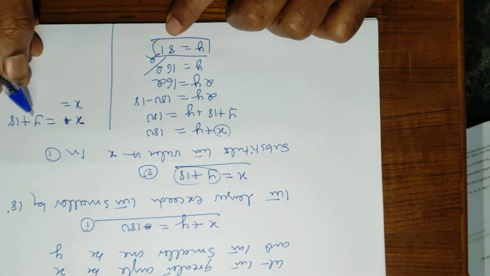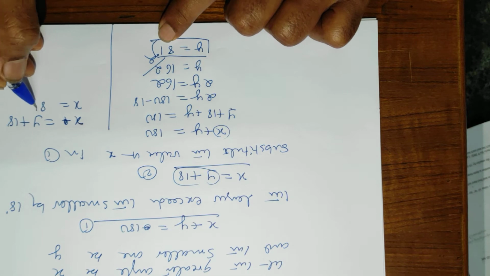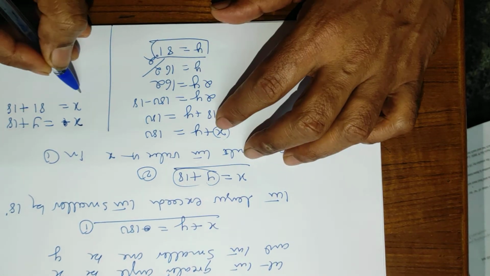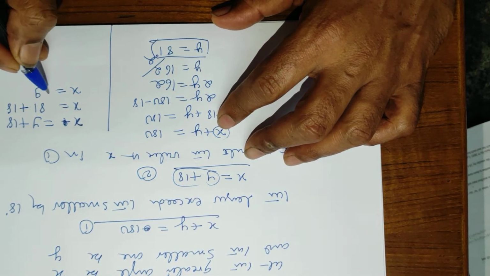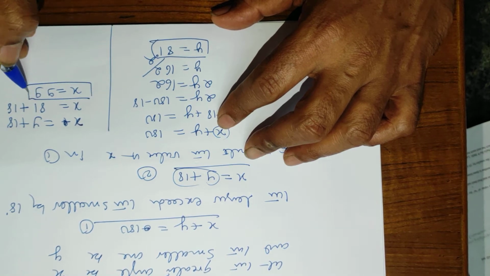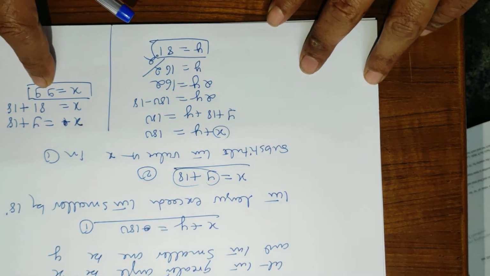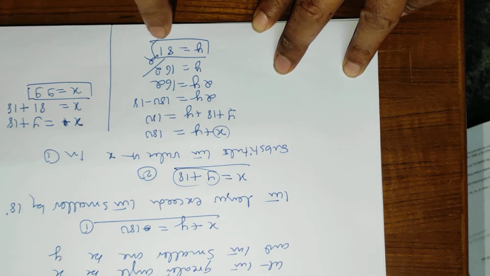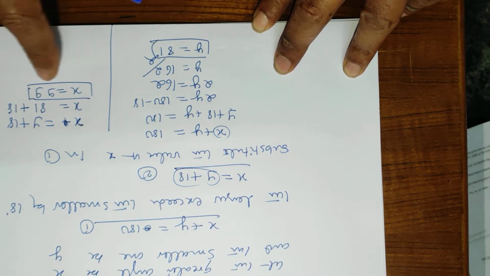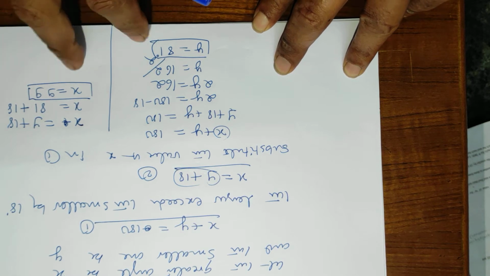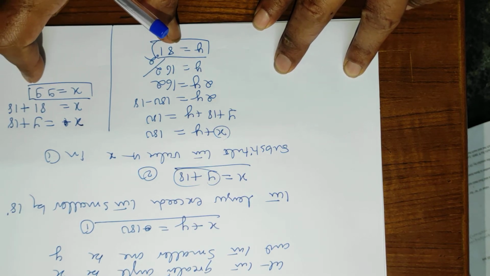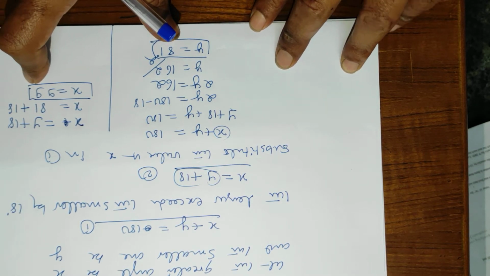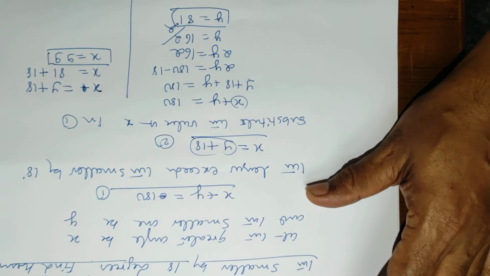In the place of Y I write 81 plus 18. X equals 99. So one is greater than the other by 18 degrees. That is 81 plus 18 is 99. If we add these two, you will get 180 because they are supplementary angles.